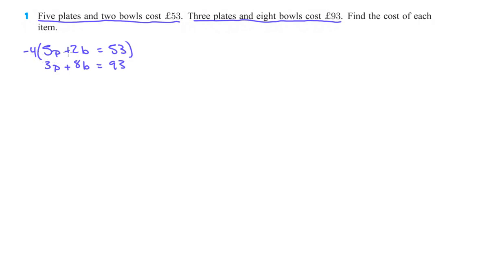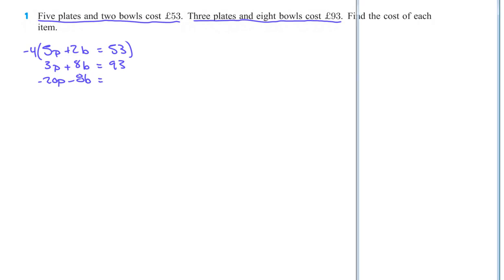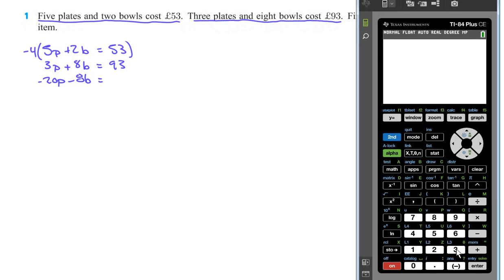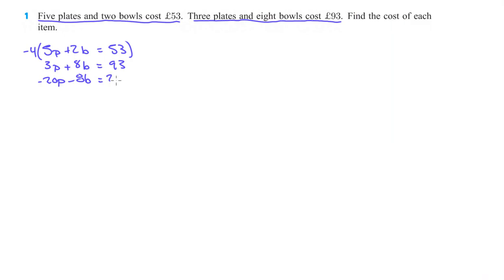-4. So distribute that -4 to all these, and that gives us -20p minus 8b equals, let's see, whatever 53 times 4 is, right? 212, right? And that's going to be -212 because these are all multiplied by negatives.